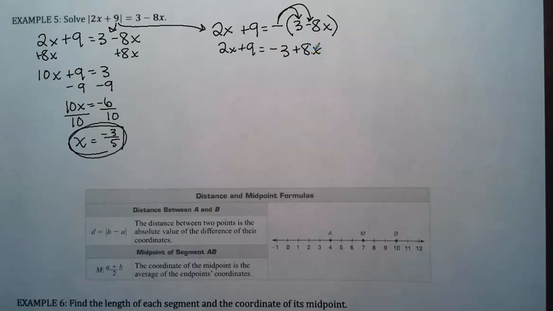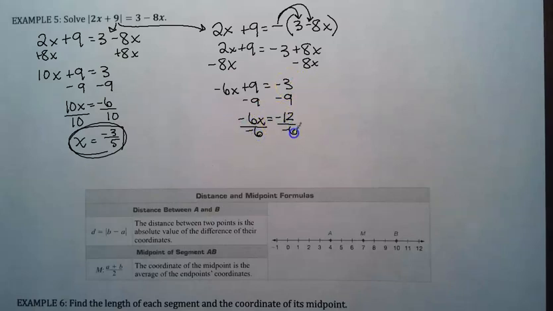Now I get to subtract 8x. 2x minus 8x is negative 6x plus 9 equals negative 3 minus 9. Negative 6x equals negative 12. Divide by negative 6. It's nice that this is an equation and not an inequality, then I don't have to worry about the symbol flipping. So x equals a positive 2.